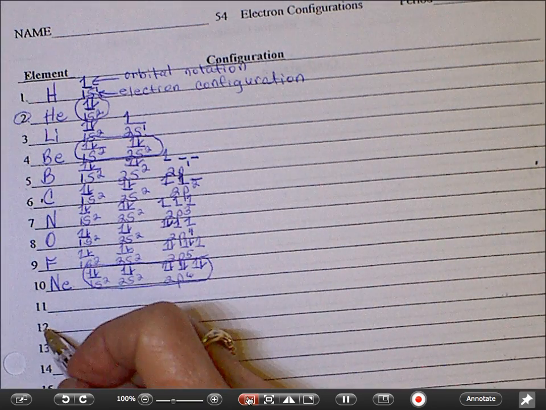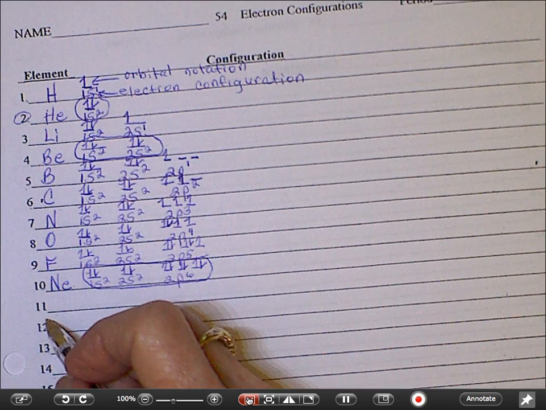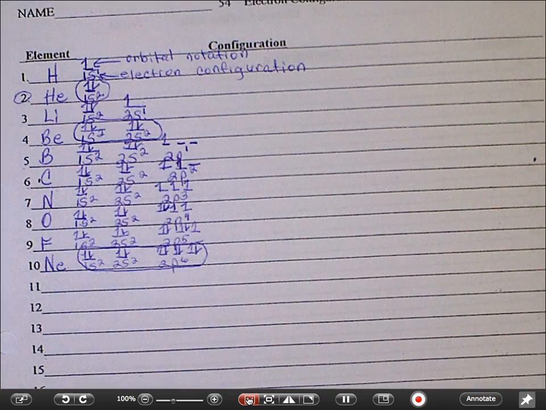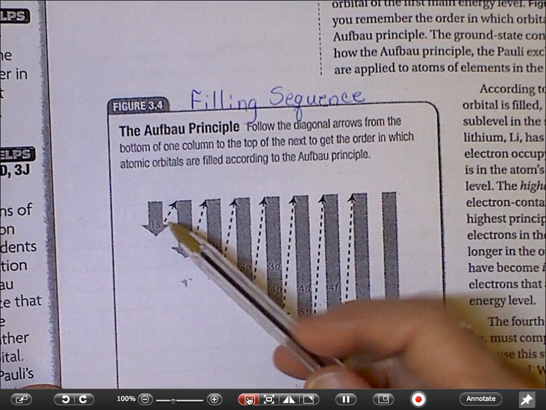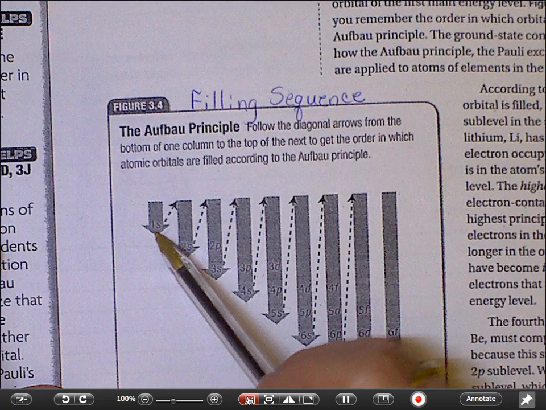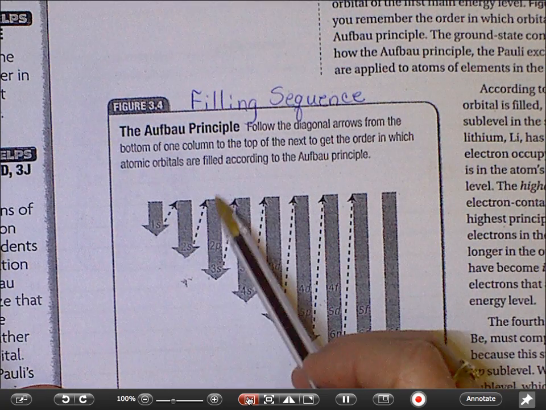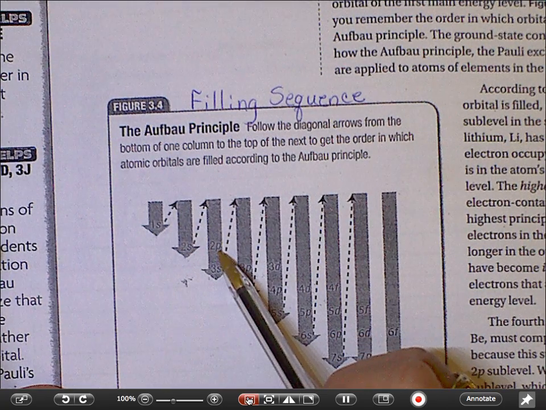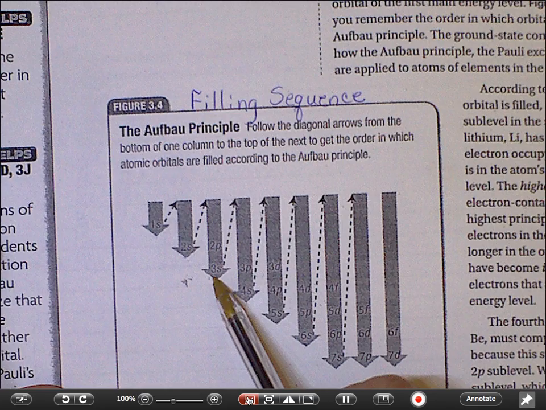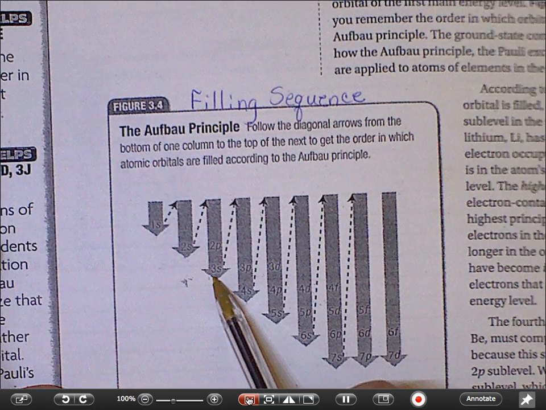So element number 11 is sodium. What energy level does it live in? The 3. What block? S. What position? 1. Let's look at this and see if we're holding true. 1s, 2s, 2p, and it tells us that we go to 3s.